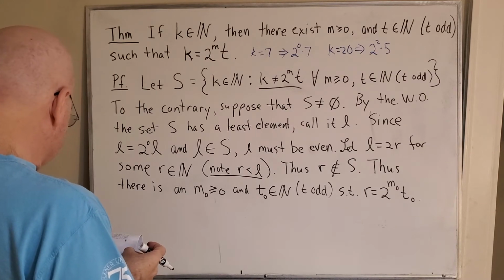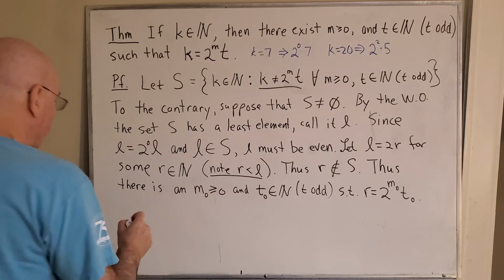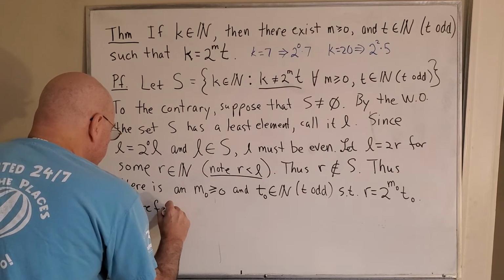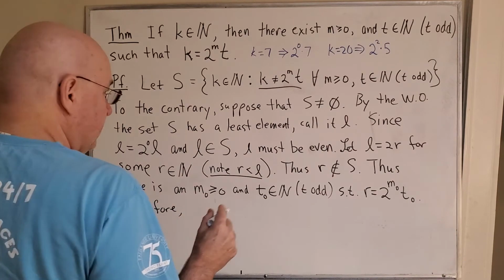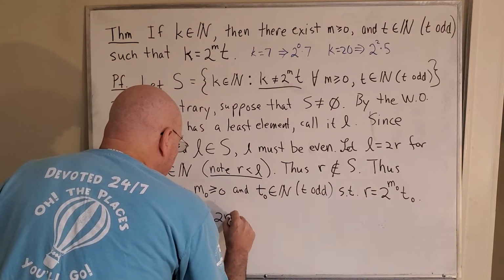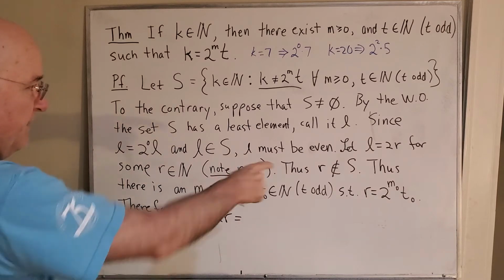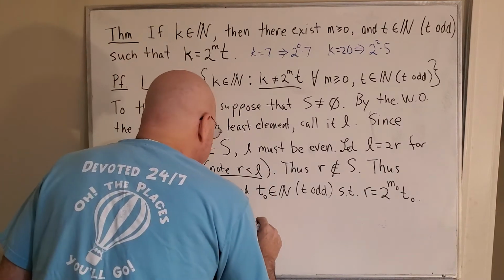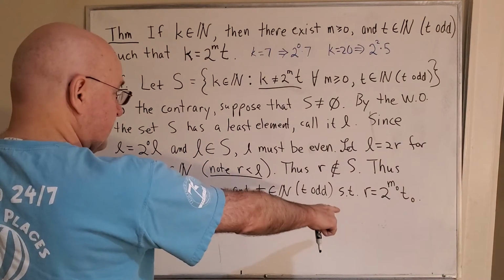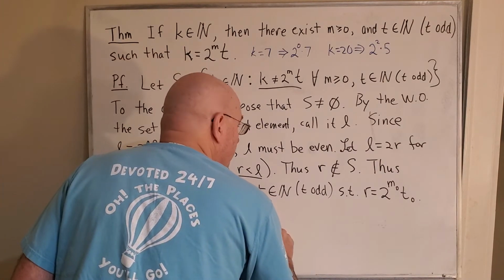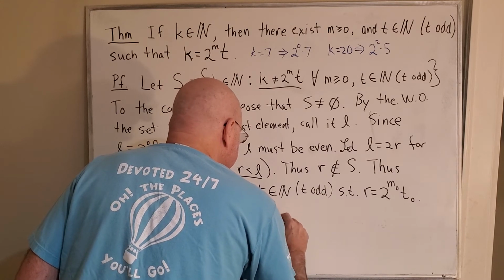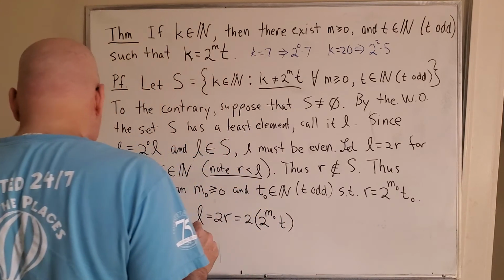Well, that almost completes it. Therefore, one more sentence. L, which we know is equal to 2 times R, and we know R is equal to that, so I'm just going to substitute that in for R: 2 times 2 to the m naught times t naught.